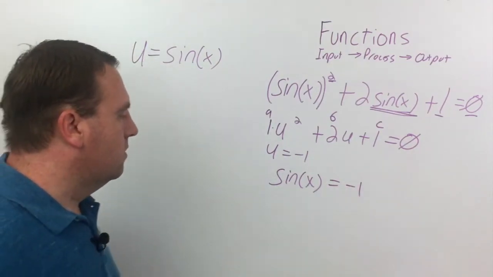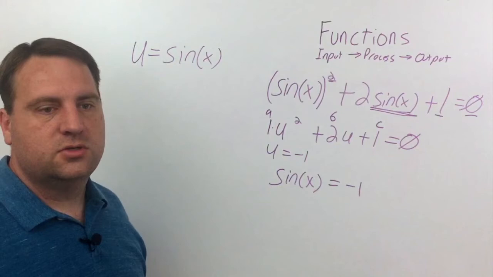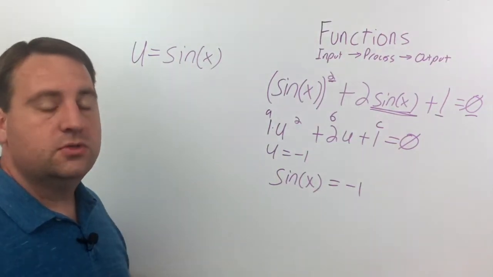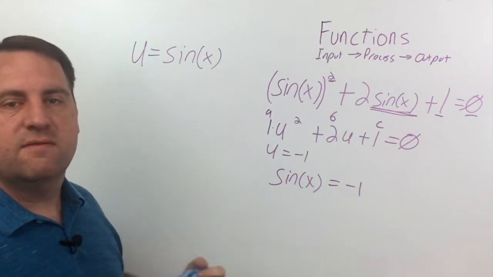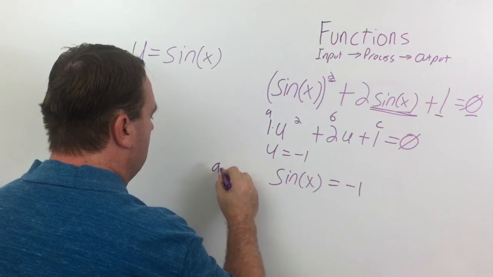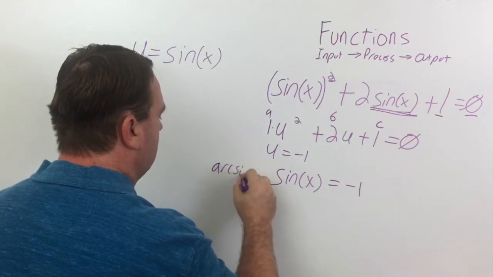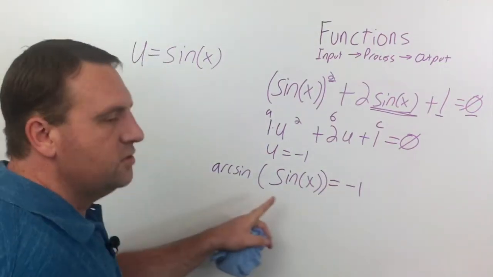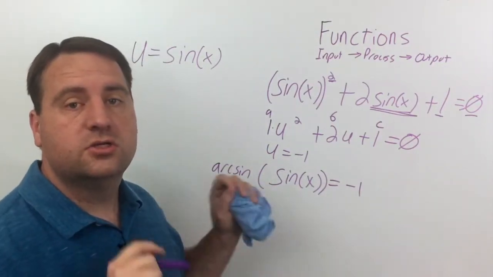Well, what do we do when we have a function and we want to reverse it? Because we want to get x by itself. Well, what you always do is apply the inverse function. So we're going to do arcsine of x, but you can do anything to an equation as long as you do it to both sides.